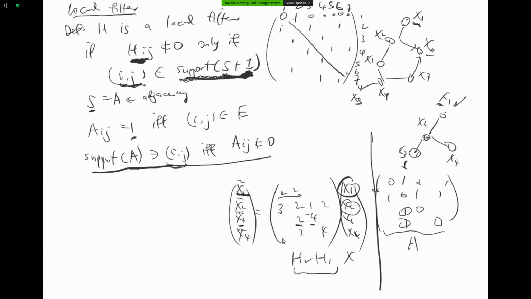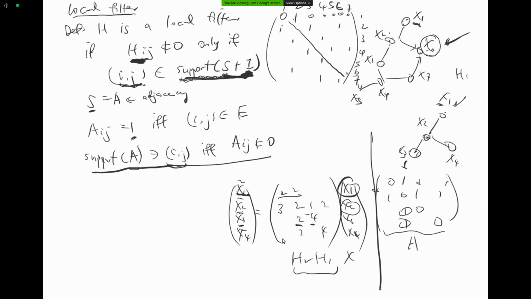For example, if I take this first example again and just allow one local filter H1 here, then the filter value of node 6 will depend only on X2, X6, and X7, right?